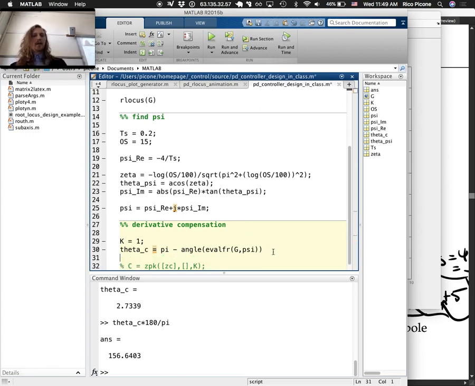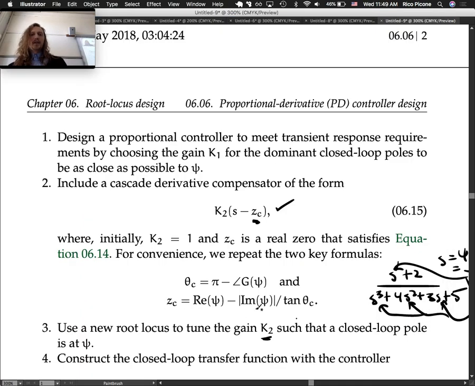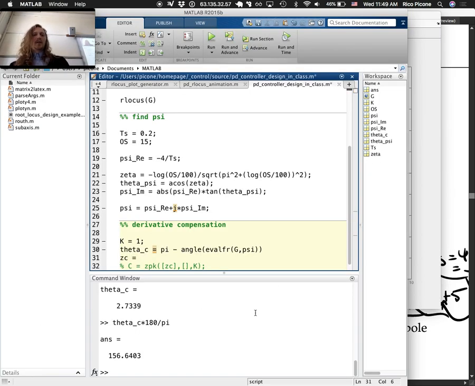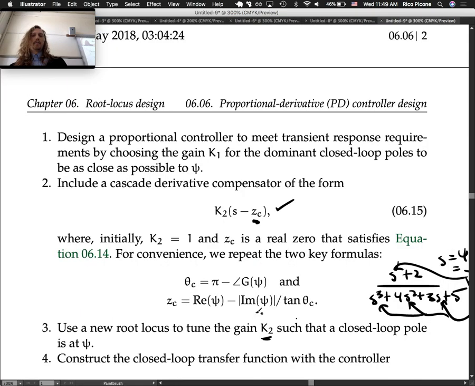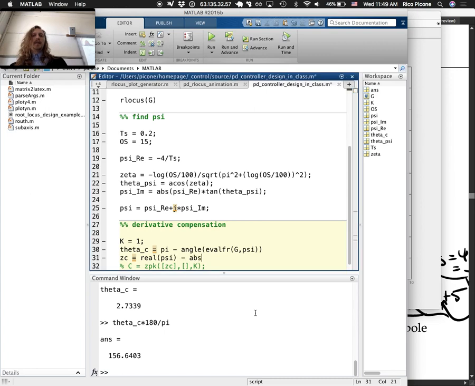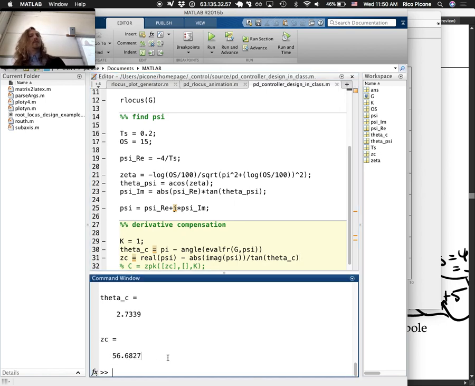And our ZC is the real part of psi minus the absolute value of the imaginary part of psi, just using the formula, divided by tangent of theta C. So our ZC has to be at positive 56.67.